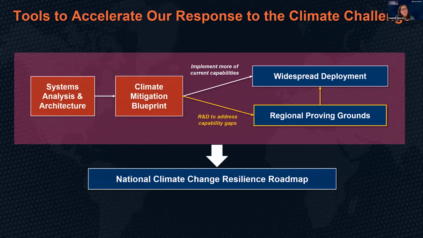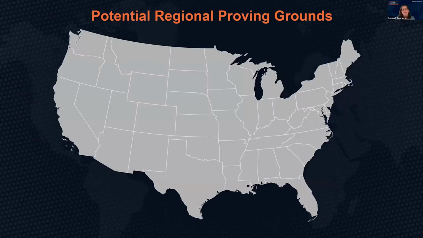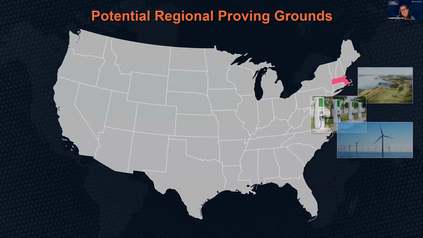So let's take a look at some of the potential regional proving grounds around the country, and some of the challenges that are faced regionally and some of the opportunities that we can harness to help address those challenges. If we look to the northeastern United States and focus on Massachusetts, we have a significant coastal region, and we also are in a colder climate.